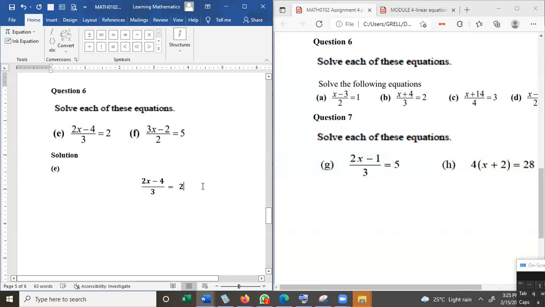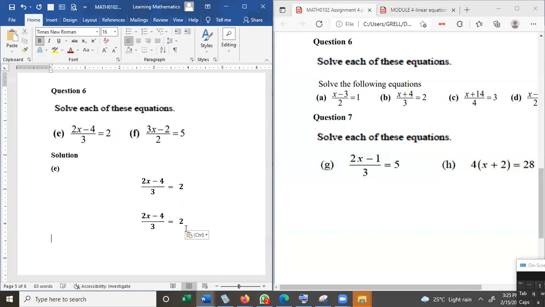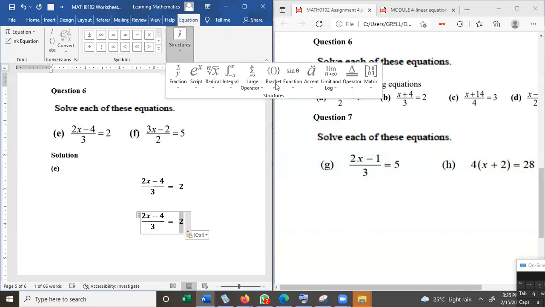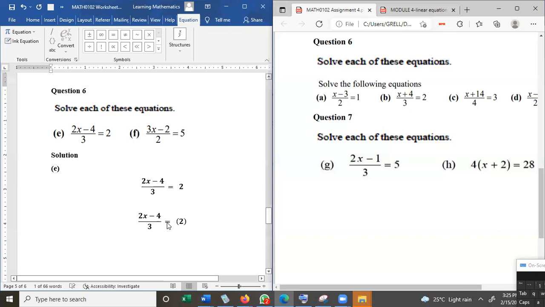So the logical thing here to do is to cancel out the dividing by 3 by multiplying. 3 is being divided, so we cancel out that 3 by multiplying on both sides.